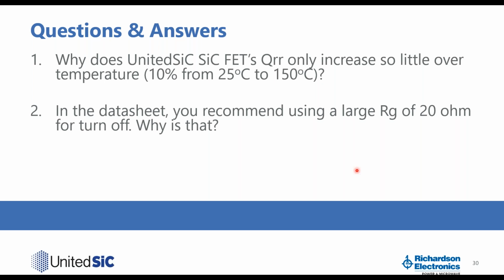What we have found is that using about 20 ohms RG off, you can slow down the turn-off dV/dt to the desirable level, which is about 80 volts per nanosecond, which is still quite fast and gives you very low turn-off loss. So basically, you can achieve the same or better turn-off loss as conventional silicon carbide MOSFETs using this 20 ohm RG off.